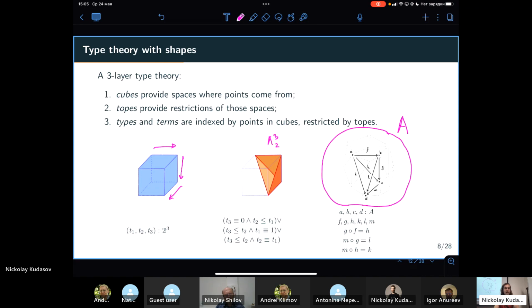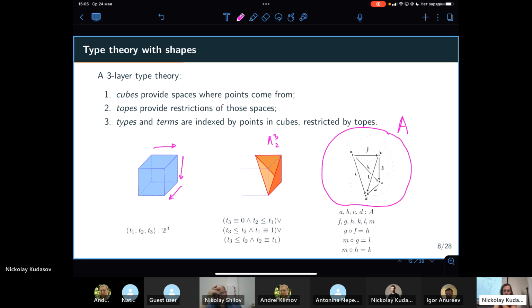This entire shape determines a sort of categorical diagram, and remember that types are categories. So this entire diagram happens inside of a single type, and it basically tells us how terms inside of that type are related to each other.